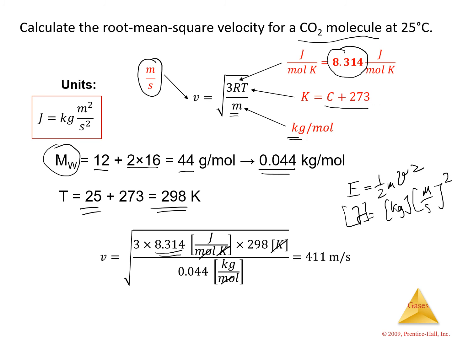And of course there's a factor of half, but that doesn't have a unit. So now you can see here joules per kilogram, which would be nothing else but meter squared over second squared. So taking the square root of it gives you units of meter per second. And the numerical value, when you calculate and take the square root, is 411 meters per second. So these molecules are really moving very, very fast.